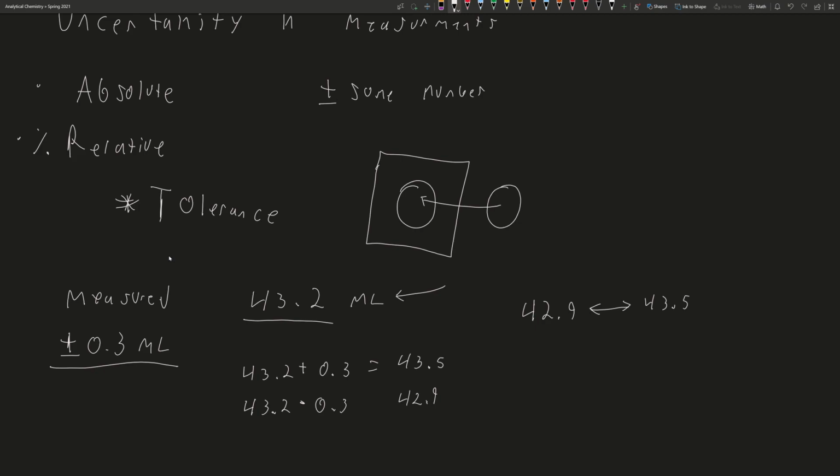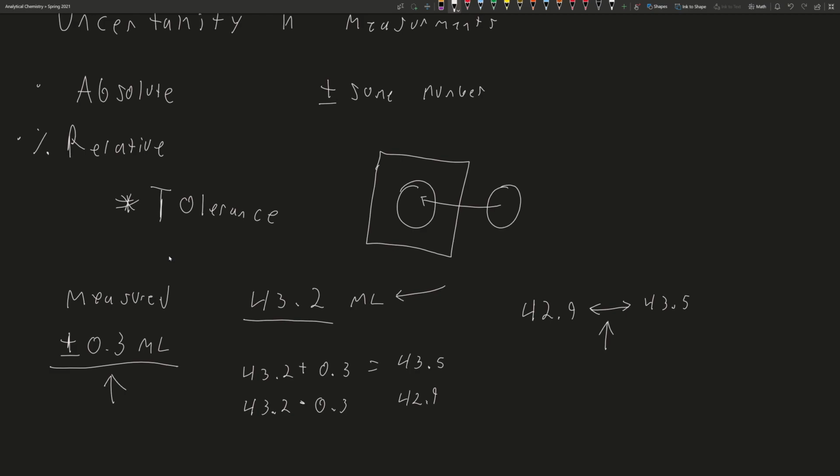And now you can sort of see that as we make this number smaller and smaller, we're narrowing the space, how big this line essentially is right here. So by decreasing the uncertainty, or rather increasing the tolerance, we are shrinking that space of possible results that our measured value could be.